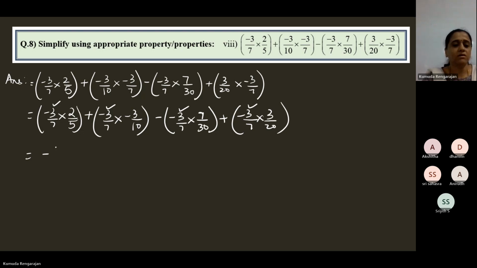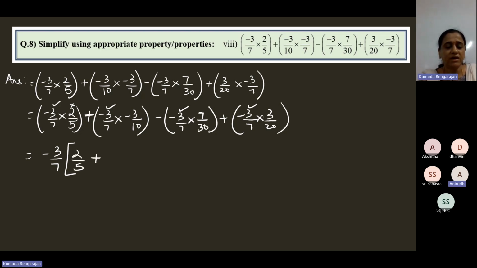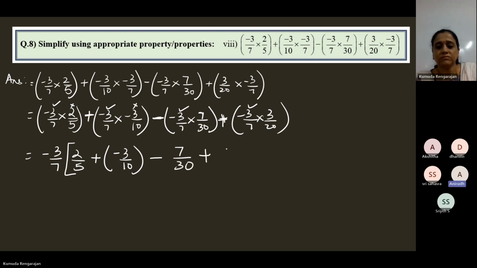Yes, ma'am. Okay, now what should you write? Ma'am, minus 3 by 7 into 2 by 5. This sign plus minus 3 by 10. Then write the sign 7 by 30. Then this sign plus 3 by 20.